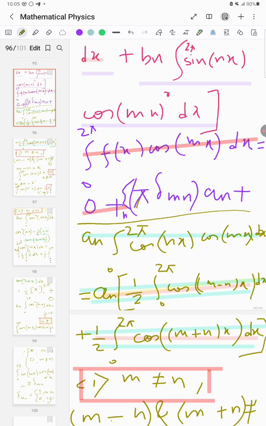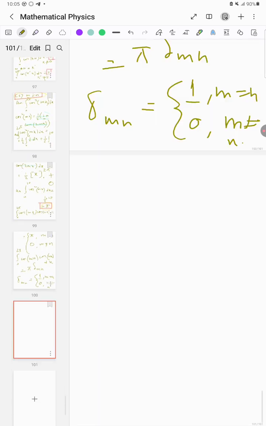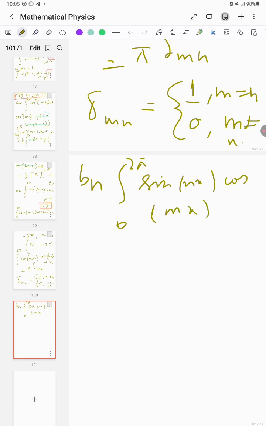Bn and then this part. So let us write that down. Bn integration 0 to 2 pi sine nx cos mx dx will give us, we cannot evaluate this directly.